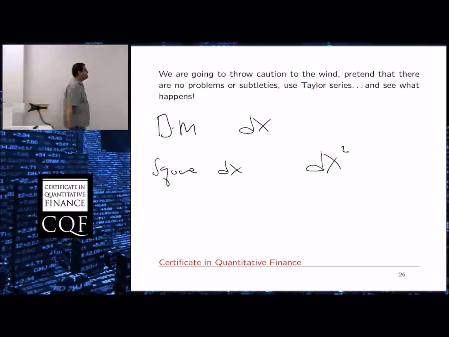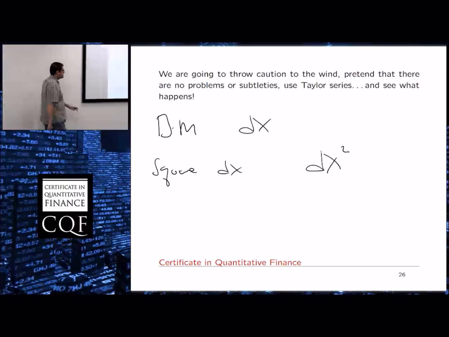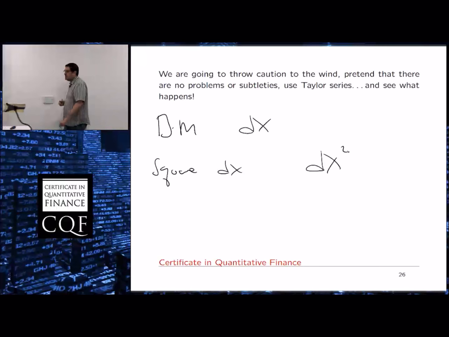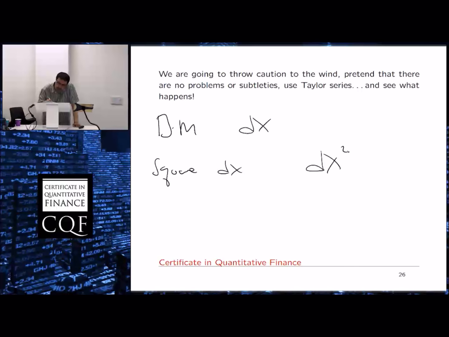That is dx times dx. Do not think that this is d of x squared. This is how we write down dx bracket squared. If we square this, and then we take the expected value, this then behaves like dt as the time steps become smaller and smaller.